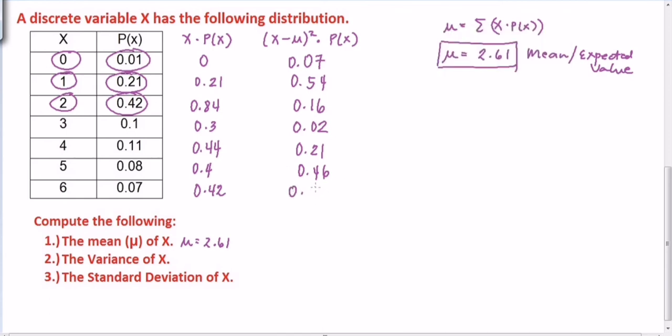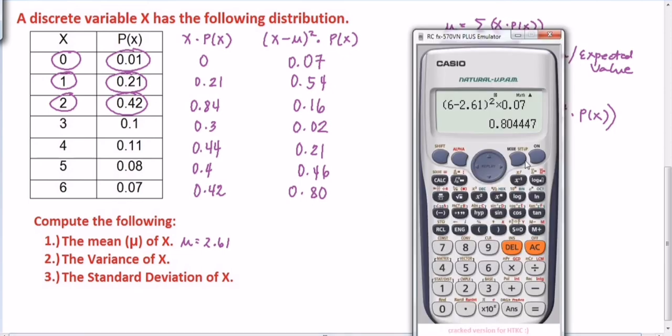Okay, so ang gagawin nyo guys, to get the variance, so variance of x, actually is equal to the summation of x minus mean squared multiplied by the probability of x. So, ibig sabihin, sum naman nitong column na to. Kung kanina, yung x times p of x natin, ang makukuha nyo dyan, pag sinum nyo yung product nila, that is mean. So, ito naman, kapag sinum nyo yung product ng x minus mean quantity squared multiplied by the probability of x, ang makukuha nyo naman is the variance of x.